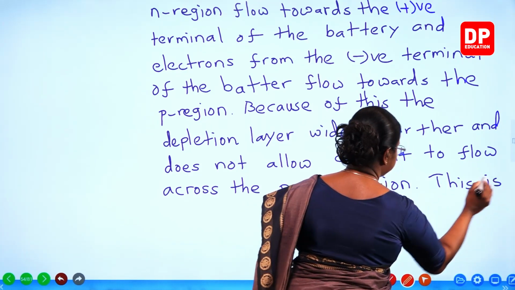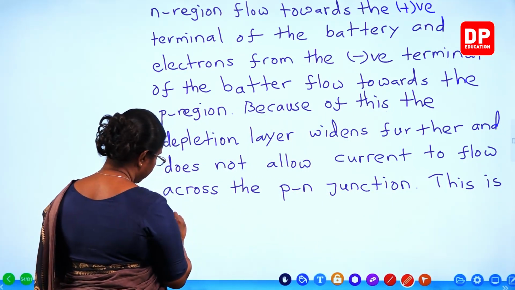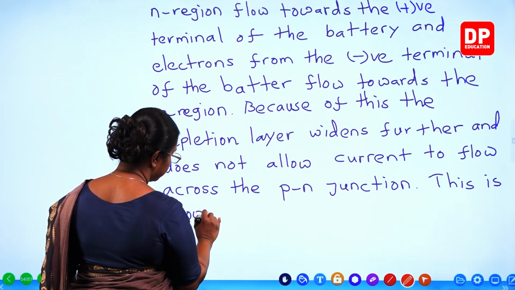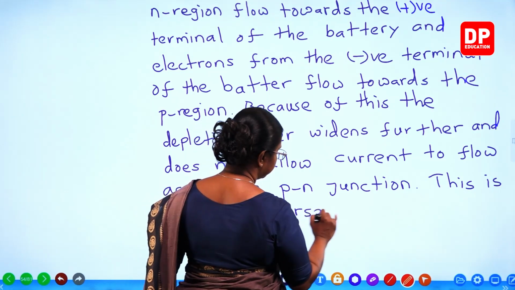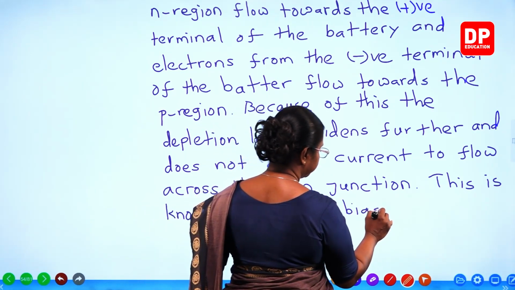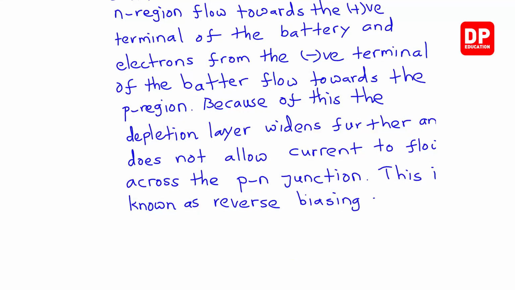This is known as reverse biasing of a PN junction.